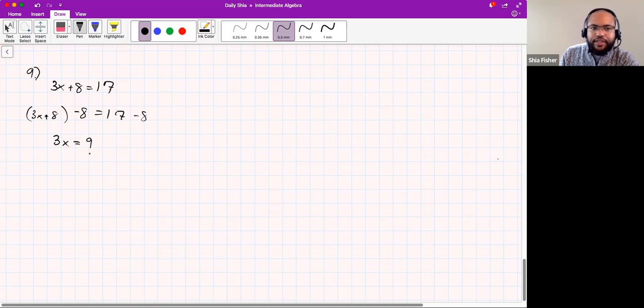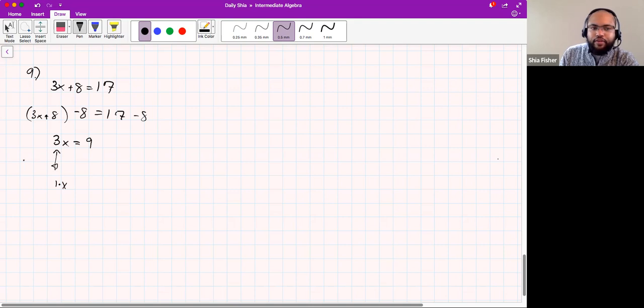And we're not quite done yet. Now we need to get rid of this 3 in front of x. And again, the way of thinking about this is not how can I turn this into a 0, because that would change the problem entirely. I want to change this 3 into a 1 so that I'm just left with 1x.